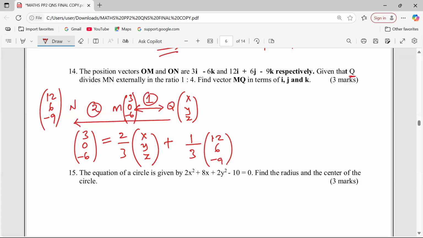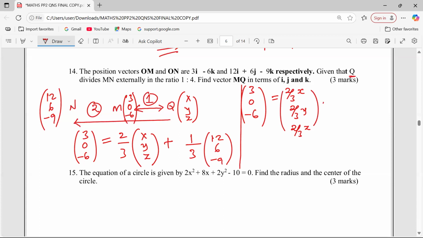So 3, 0, -6 equals 2/3 x, 2/3 y, 2/3 z, plus, when you multiply by a third, 4, 2, -3.